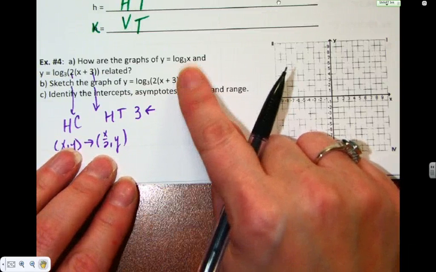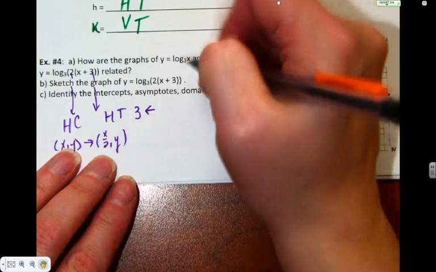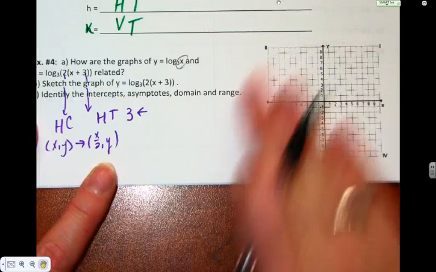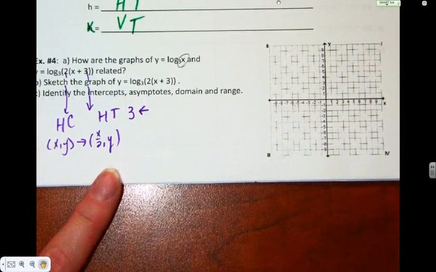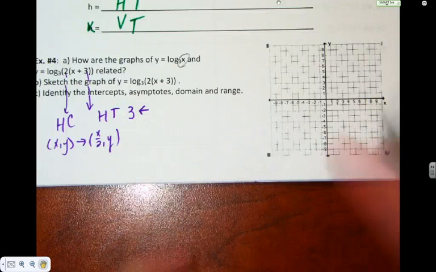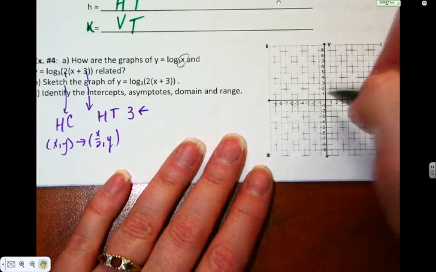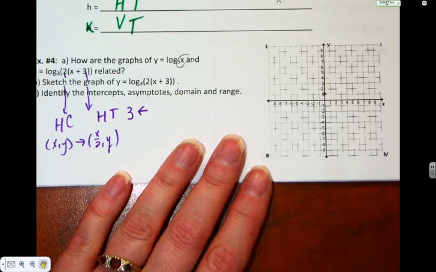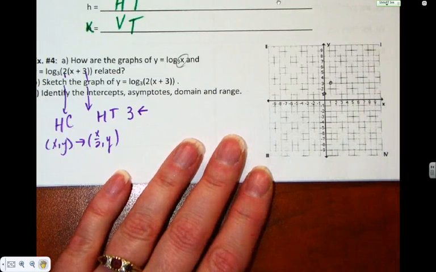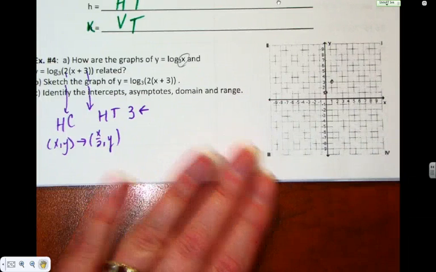So how do we draw a log graph? Inverse of the exponential, so we'll start with the exponential. I love the way this graph photocopied. That's very odd with all the plus signs. Okay, 3 to the x, give me some points.